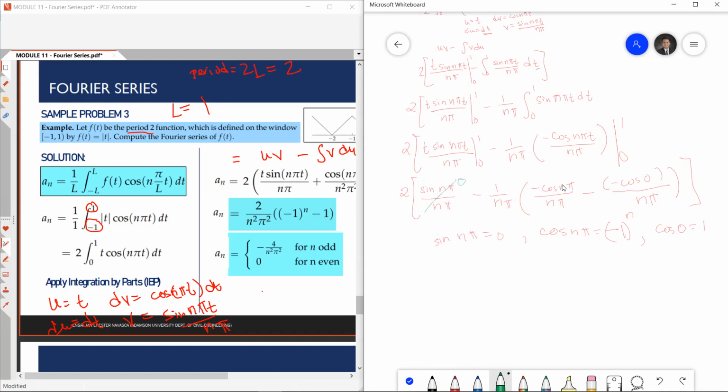Okay? This one will be negative of negative 1 raised to n. Or pwedeng gawin ko dito, ilabas ko na yung negative 1 dito. So, 1 over n pi na lang siya. Okay? So, that is why sulat ko siya dito.